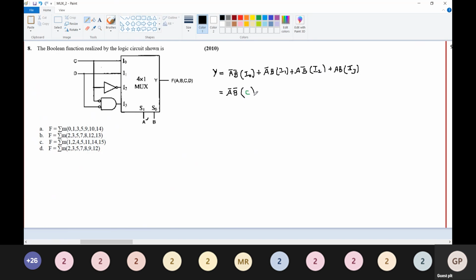I naught here is C. Plus A dash B into I1, whose value here is D. Plus A B dash into I2, whose value is C dash.